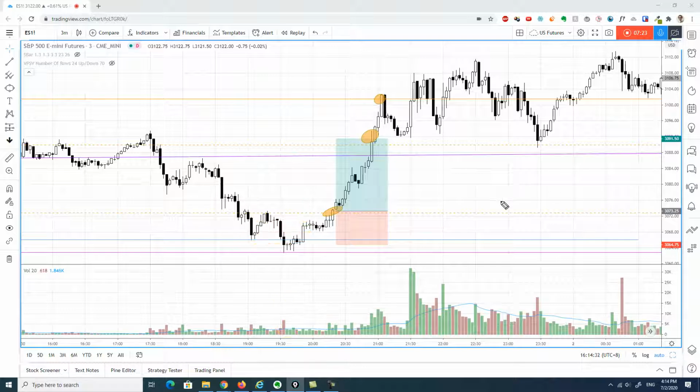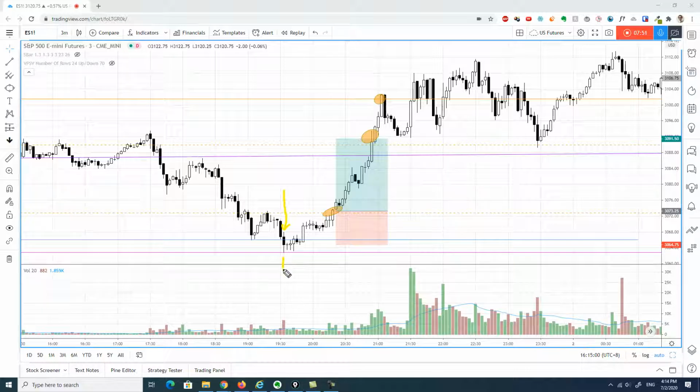So my entry wasn't immediately at this reversal bar, because this is a test when it actually dipped below. What I want to see is some kind of change. The first change that I noticed is definitely this bar here, because we didn't really see full commitment below.